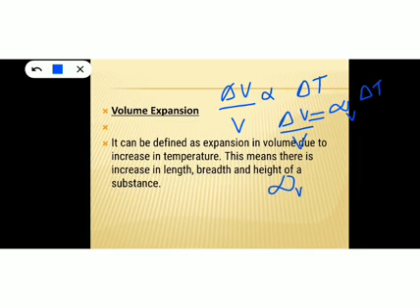So from this, alpha V is equal to delta V by V into delta T. Delta V by V is the degree of volume expansion and delta T is the change in temperature. So alpha V is defined as the degree of volume expansion divided by change in temperature.